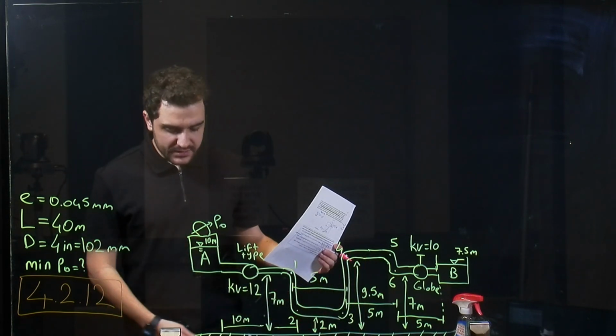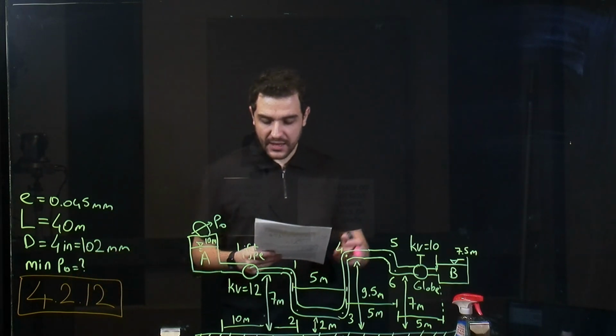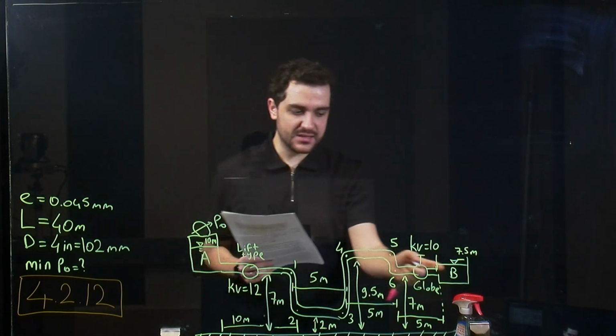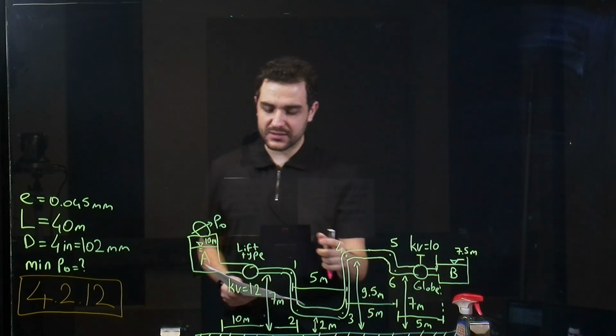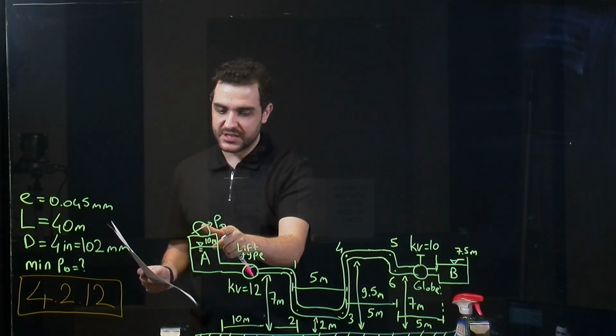Okay, let's keep going with question 4, which is 2.12. And in this system, we have two reservoirs, which is point A and B, and they are connected with this pipeline with valves and with a pressure here.